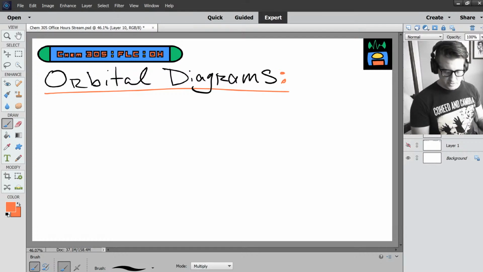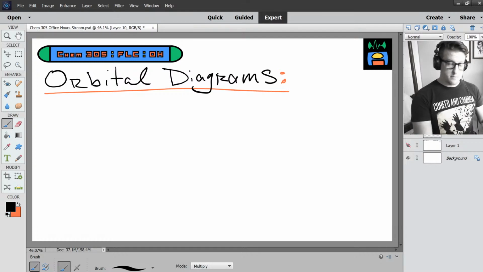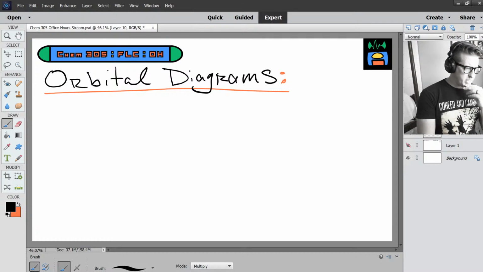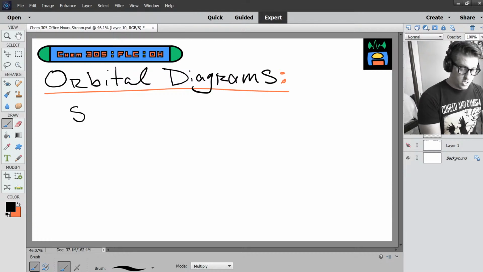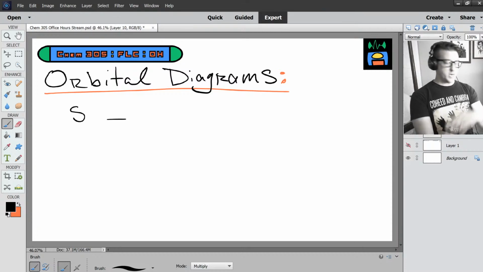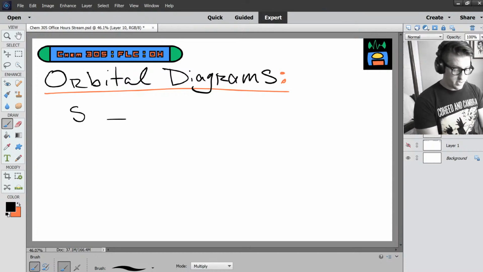We don't have to worry about the F block for this class. But you're wondering how many go with each thing. Here's how you do it. In the S block, there's only one orbital, no matter which shell it's on. It could be 1s, 2s, 3s. There's always one. For the P block, there are 3.